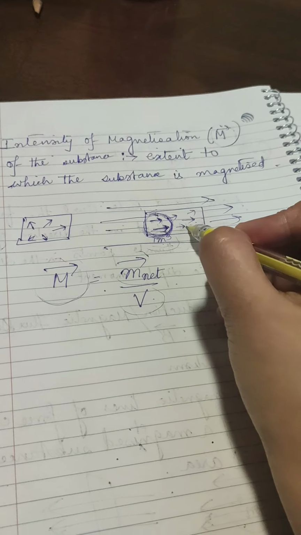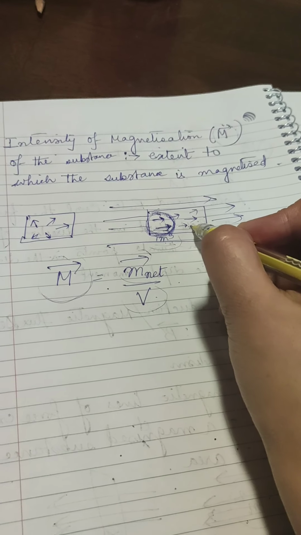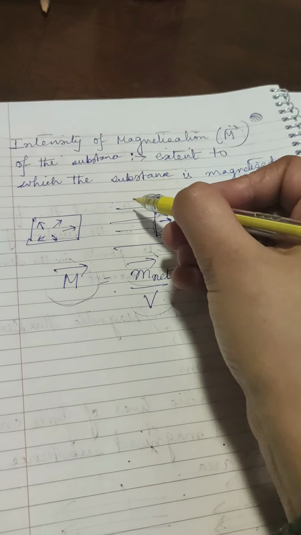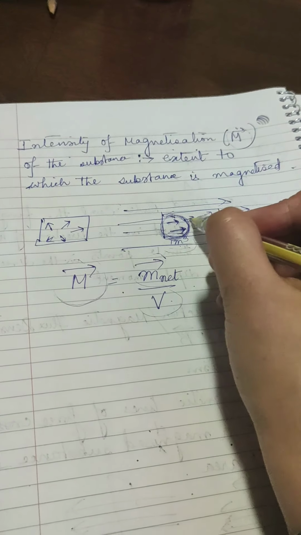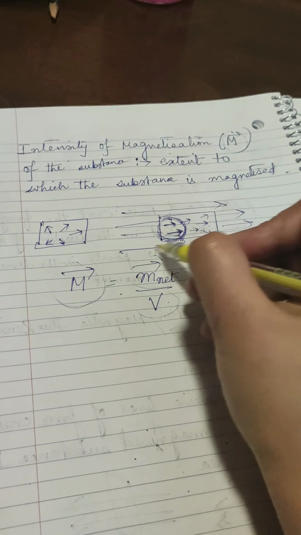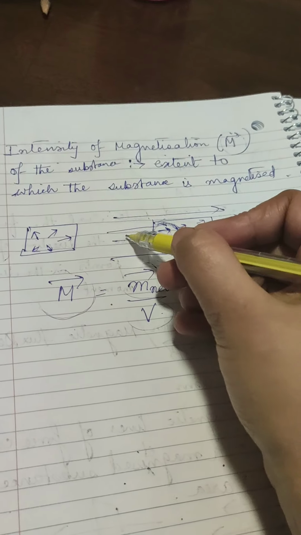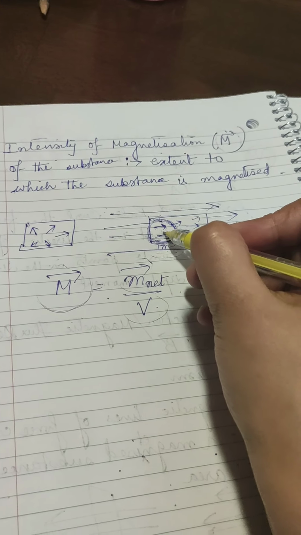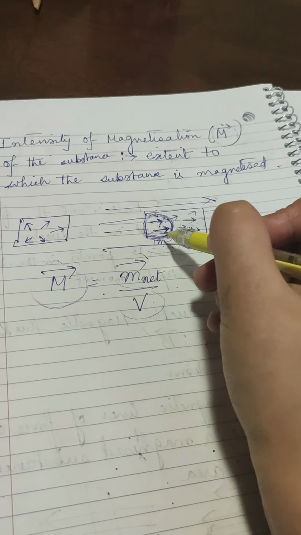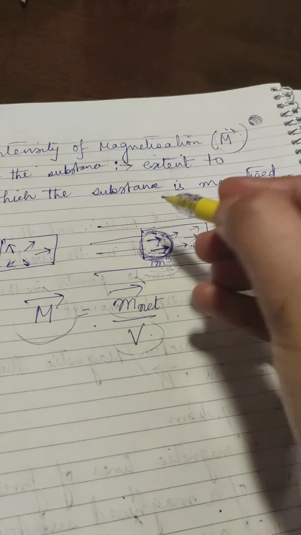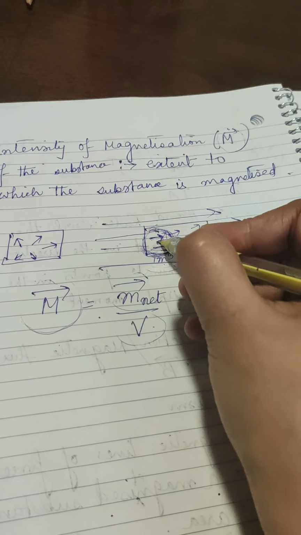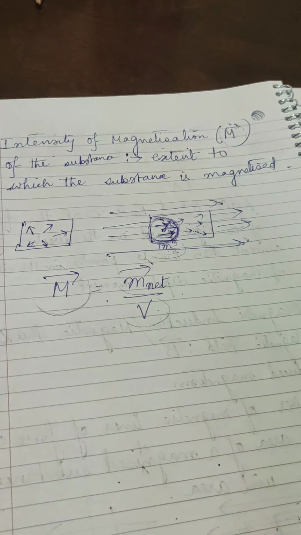It depends upon the specific nature of the substance, but is influenced by external factors, by the external magnetizing field. The stronger the external magnetizing field, the more atomic dipoles align. Say this one is not aligned. If you increase the strength of the magnetizing field, this atomic dipole will also get aligned in this direction.